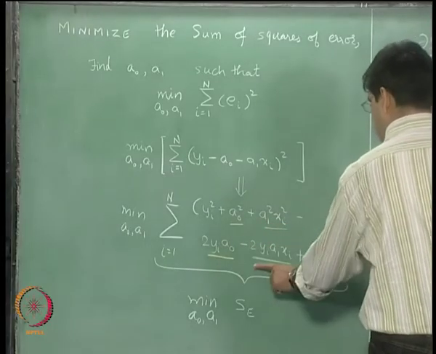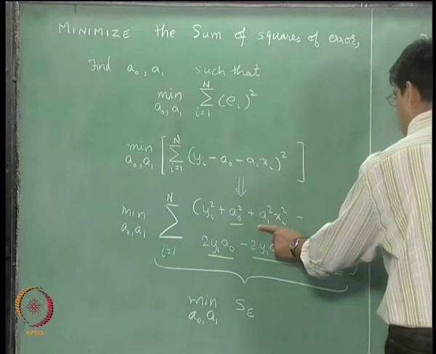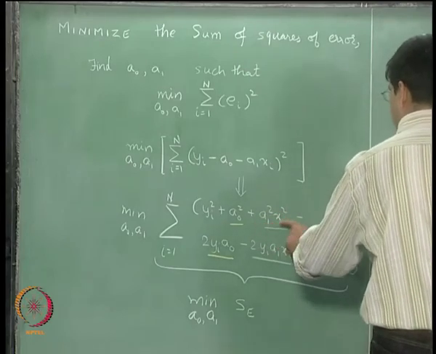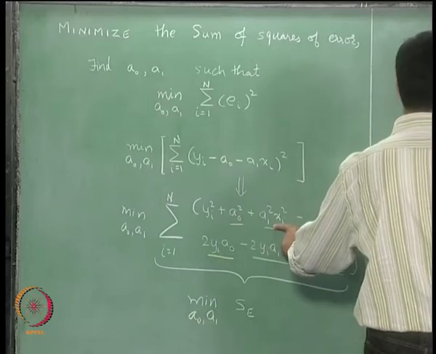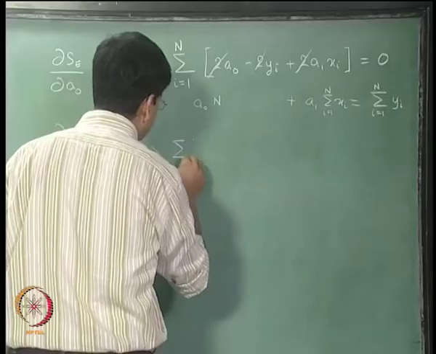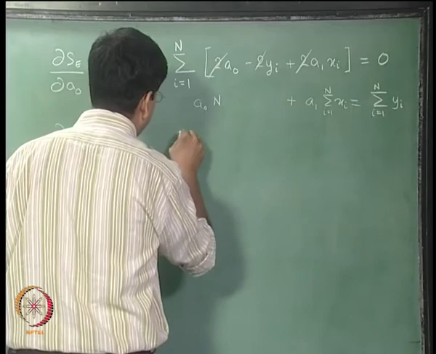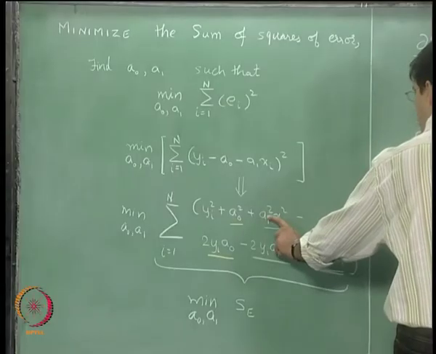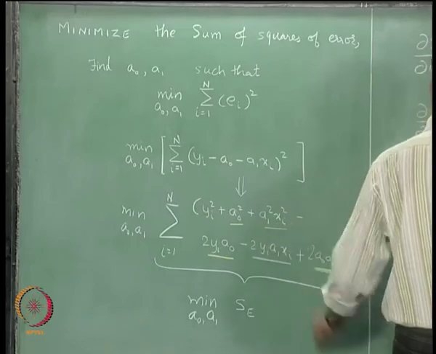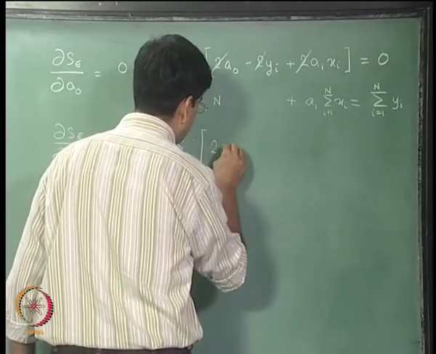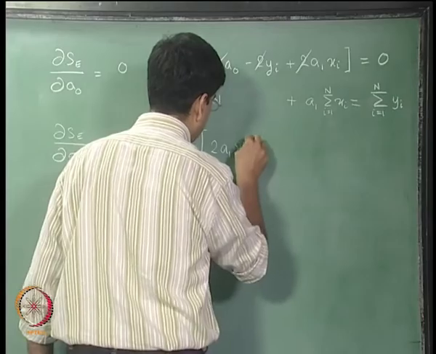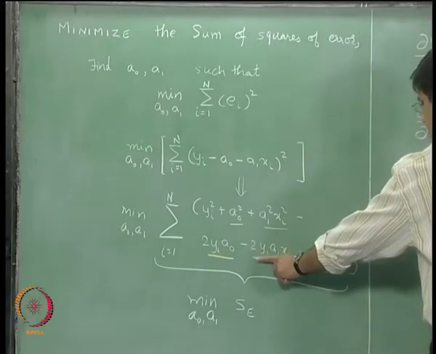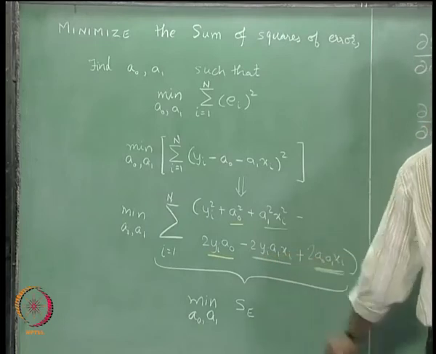In this particular term we will have 2 times a1 times summation of xi squared. So we again have this summation i equal to 1 to n outside, and in there we will have 2 times a1 multiplied by xi squared. The second term is minus 2 times yi xi.